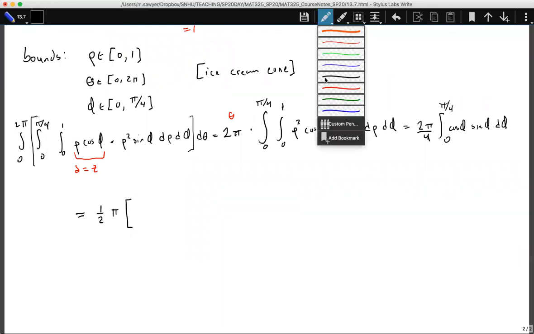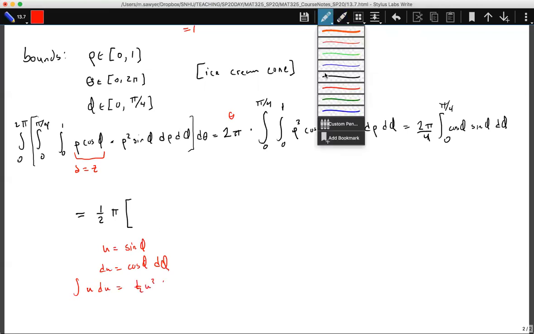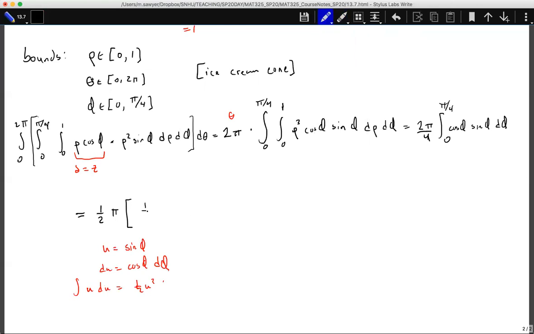And if we let our u piece be sine of phi, then our du is equal to cosine of phi d phi. So then our integral of u du is equal to 1/2 u squared. So this gives us 1/2 sine squared of phi evaluated from 0 to pi over 4.